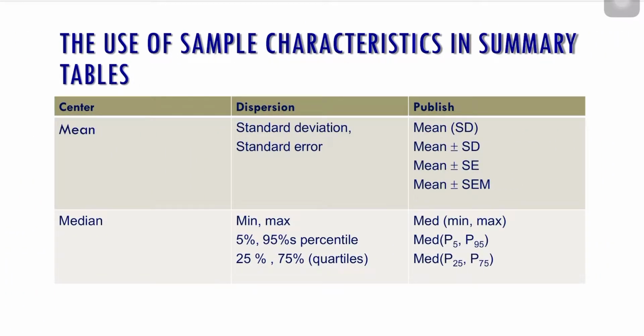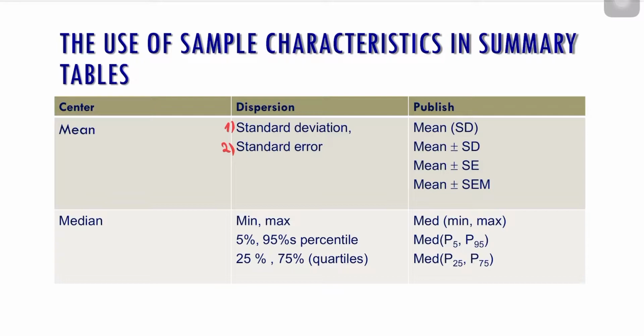Now we can find other methods. The use of sample characteristics in a summary table is a very important table. For the mean or median, we can use several measures of dispersion. For example, we can use the standard deviation or standard error.